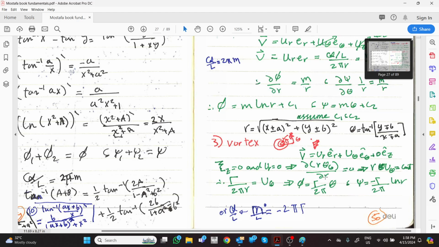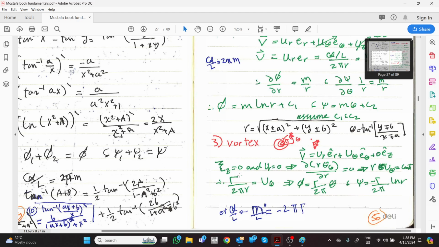Or do the integration. It is plus constant, so it will be 0 multiplied by r, which is 0 plus constant, so r u theta equals constant. Also, we have something like the magnitude, which is 2 by magnitude.